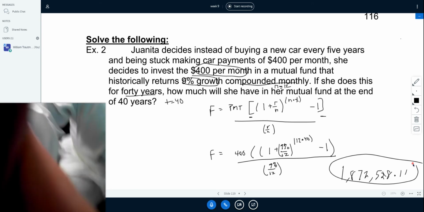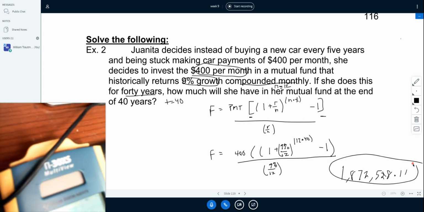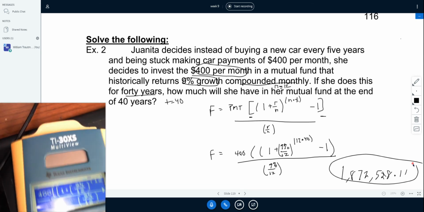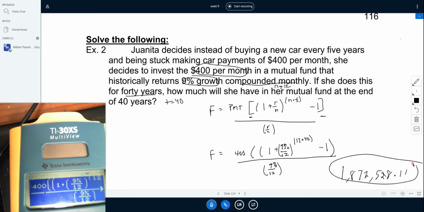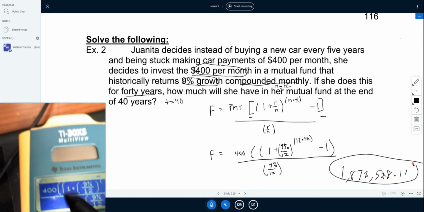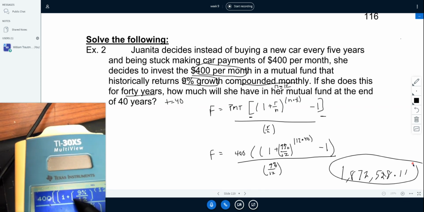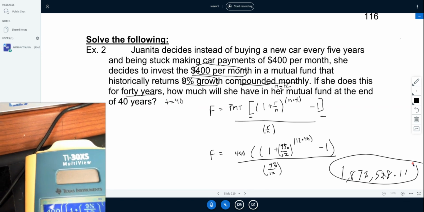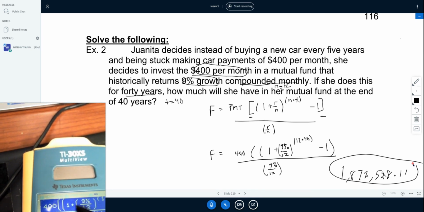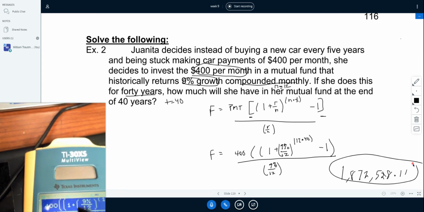So let's see if I can pull that up on my calculator, how it looked when I typed it in. It's kind of hard to see, but I typed in an extra parentheses. This is wrong. This parentheses should be for all of this, so this parentheses right here should be deleted.